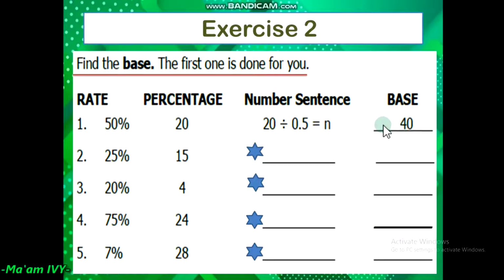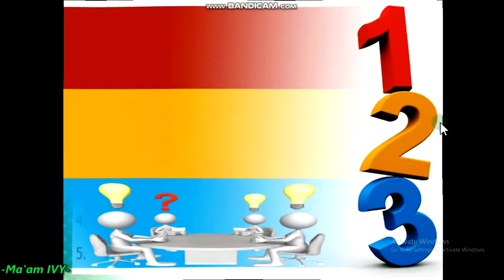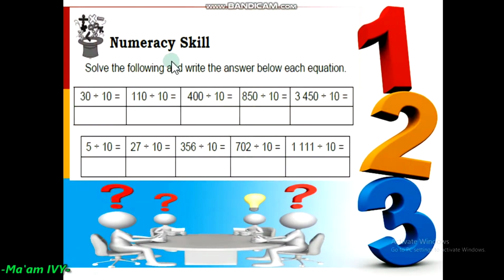Just follow the process, kids, and then answer number 2, number 3, number 4, and number 5. Solve on your scratch and then write your answer on your answer sheets. For the numeracy skill, you are going to solve the following and write the answer below each equation.